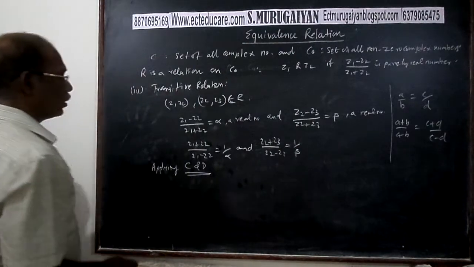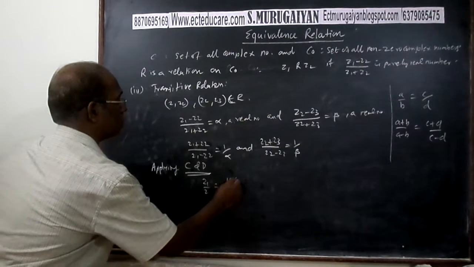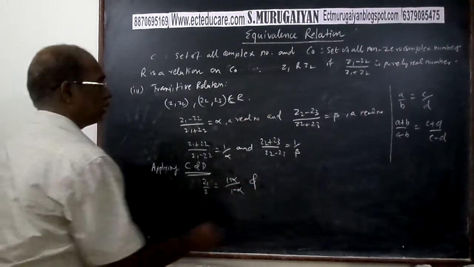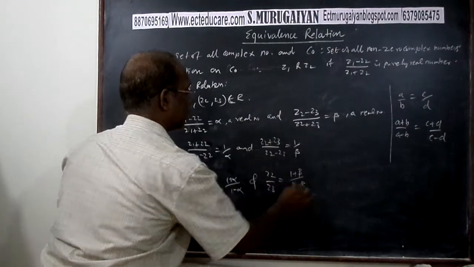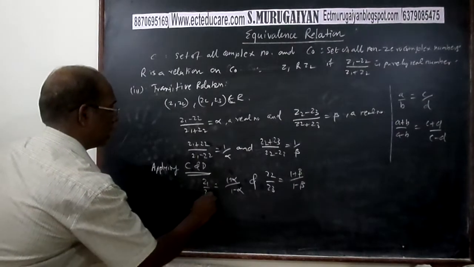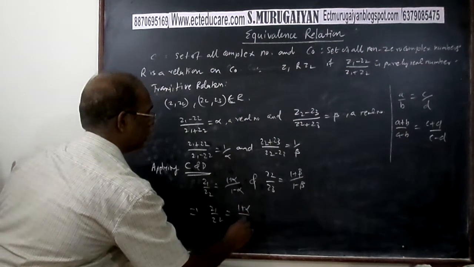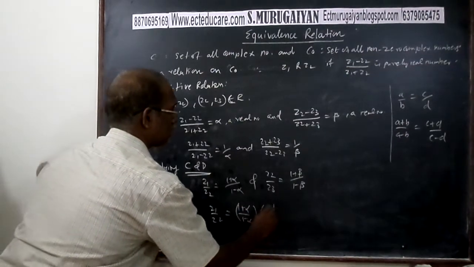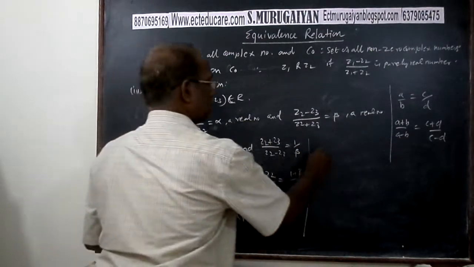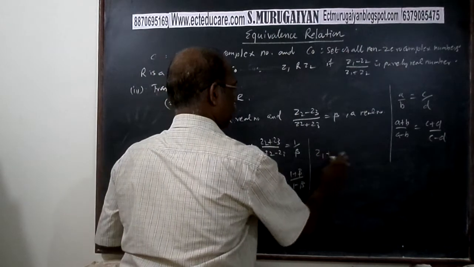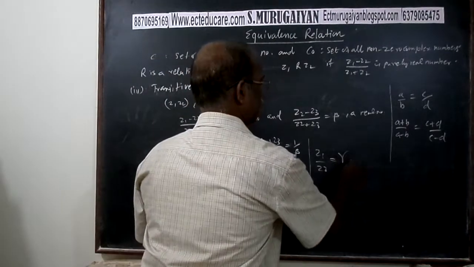So this reduces to Z1 by Z2 equals (1 plus alpha) by (1 minus alpha), and Z2 by Z3 equals (1 plus beta) by (1 minus beta). Multiplying both sides, Z2 cancels, so Z1 by Z3 equals the whole thing, a real number, let it be gamma.